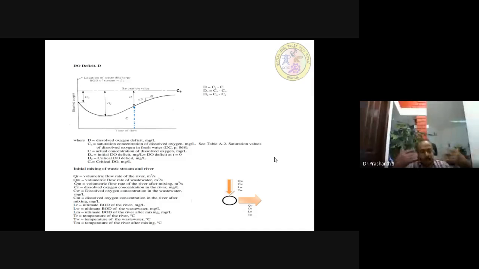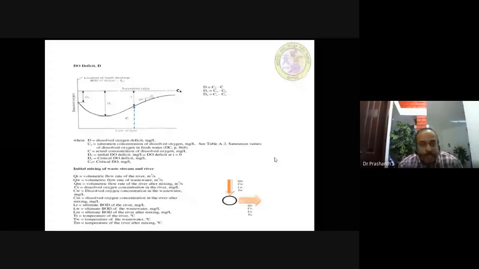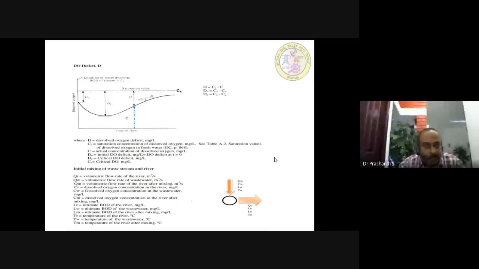Whatever we have been discussing, DO deficit, all these things, is nothing but the difference between the saturation DO and the DO at that particular point. I am showing you a curve here, the location of waste discharge, BOD at that point. At that spot we have thrown the waste. At that particular point, the dissolved oxygen level is C, and the saturation value I have taken as CS.